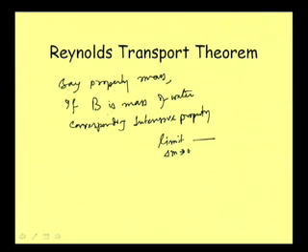Now, we are talking about mass. So, our property itself is mass, a small mass in that small area, and that way it will be this mass and then per unit mass.